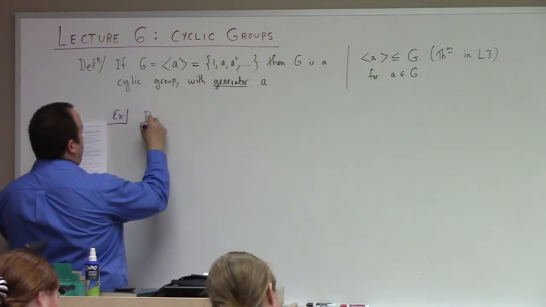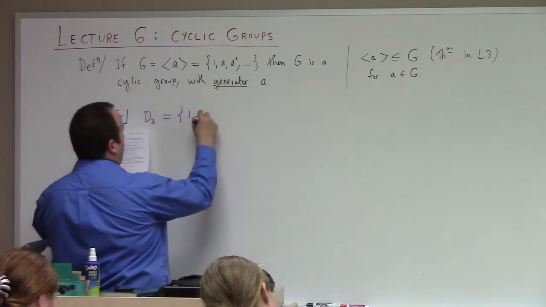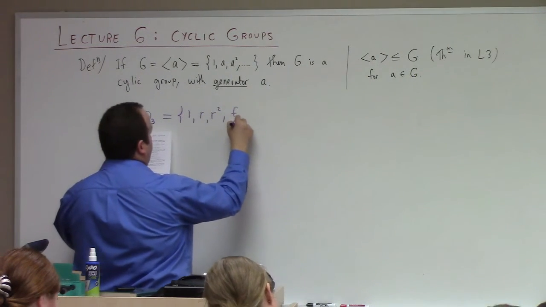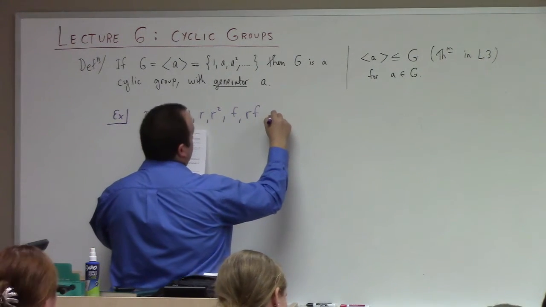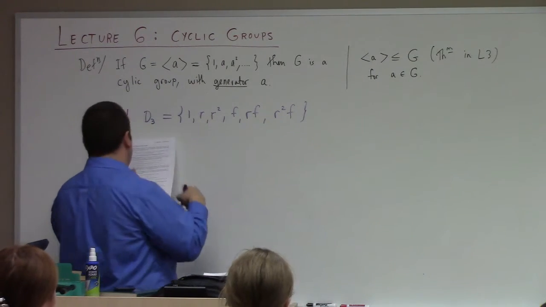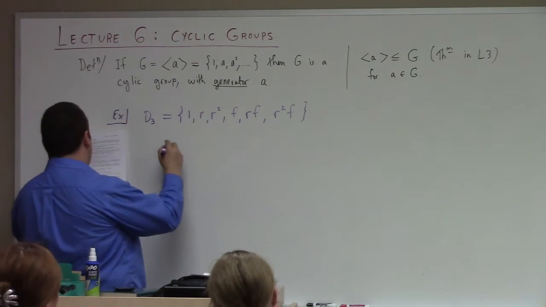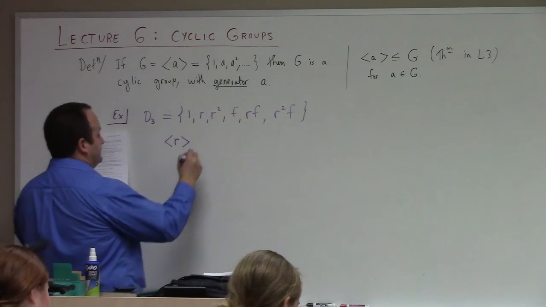If we look at D3, which we can write as 1, r, r squared, f, rf, r squared f, right, with the usual song and dance. Well, if you calculate the subgroup generated by r, what do you get?